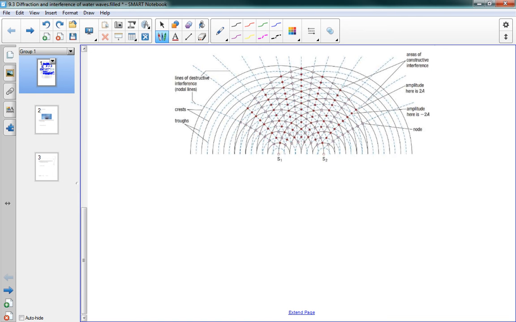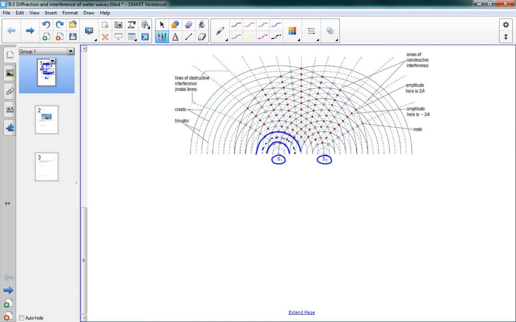So we have S1 and S2. And we've drawn the crests of these waves, the maximum points, as these lines. So you can see there's a crest, there's another crest, that sort of thing. And the dotted line is a trough. So that's the sort of minimum point.